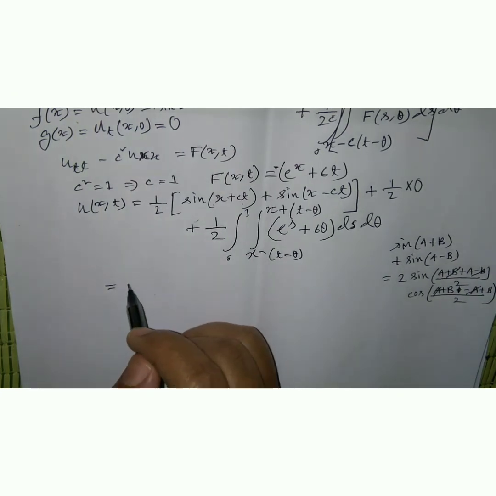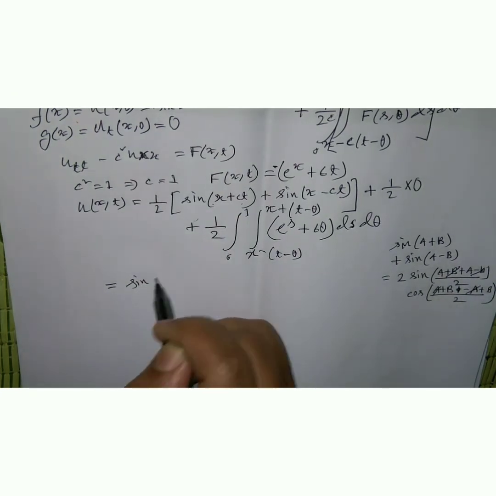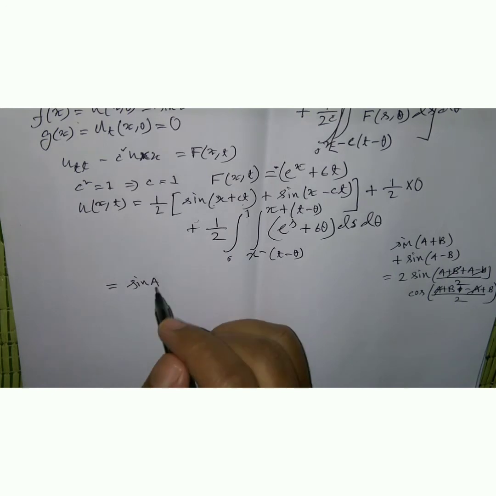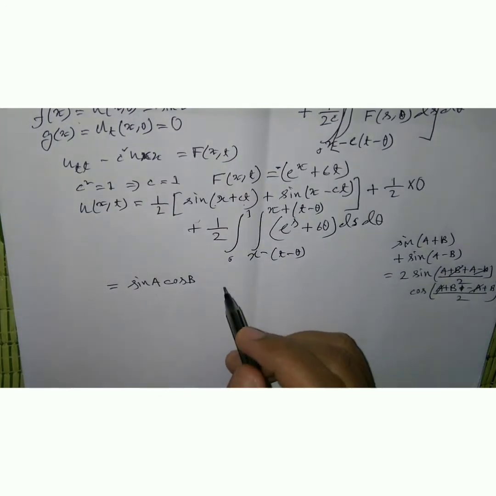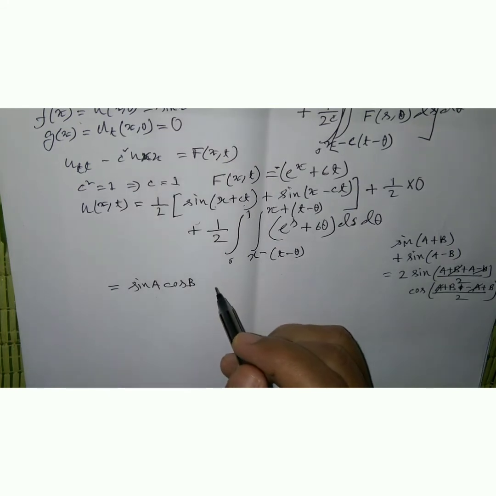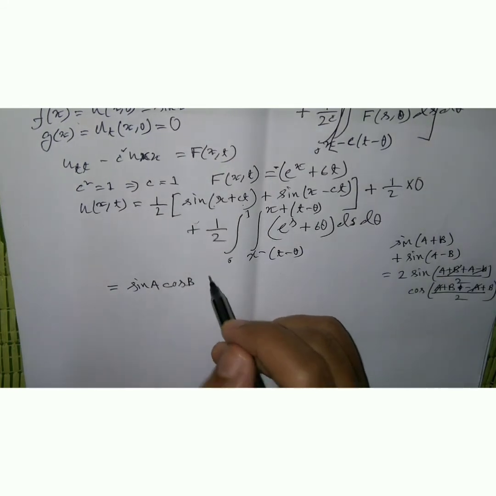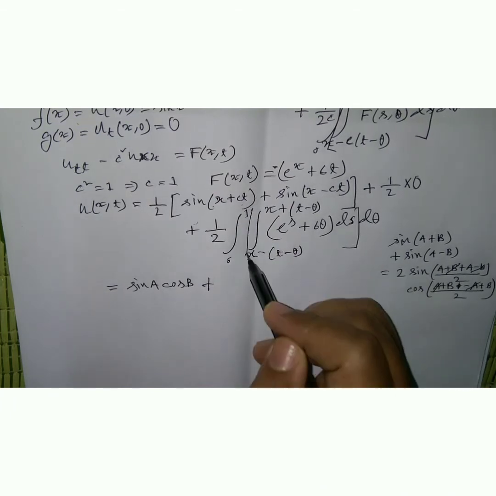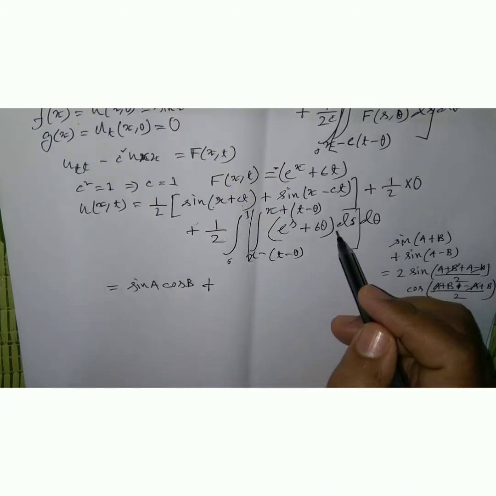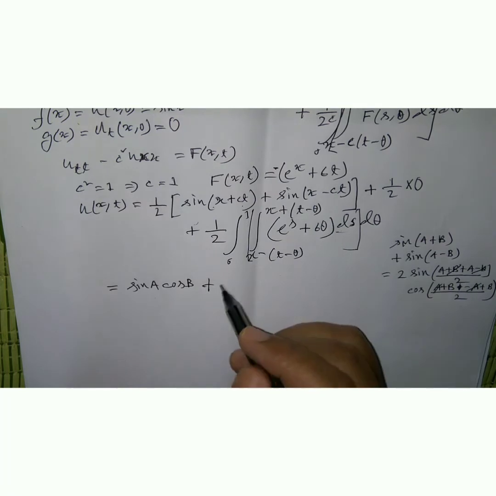So we get 2 sin a cos b. After that, we have to integrate ds with respect to s.